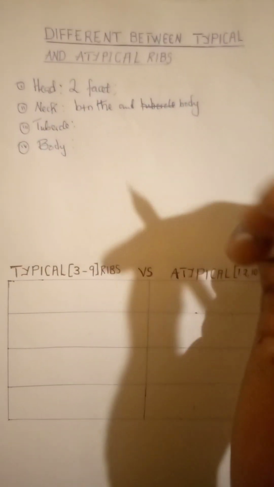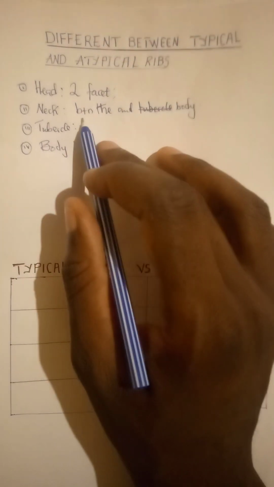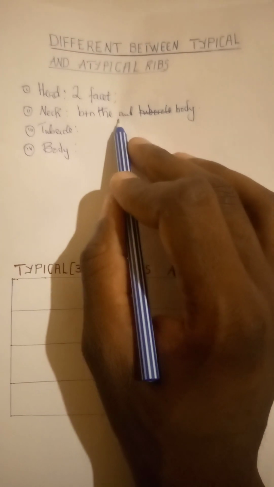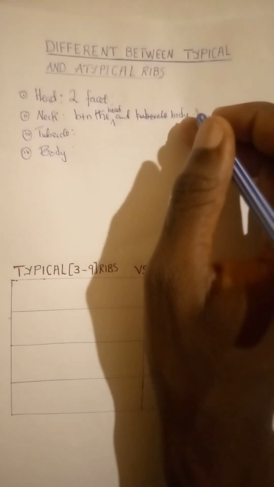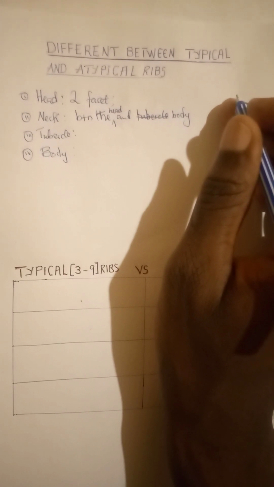Then we have the neck, and basically the neck is just between the head and the body, at the level of the tubercle.